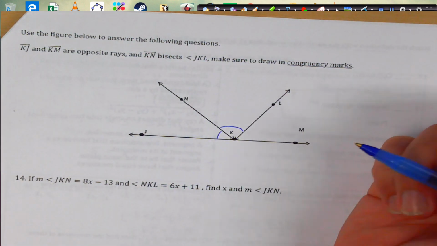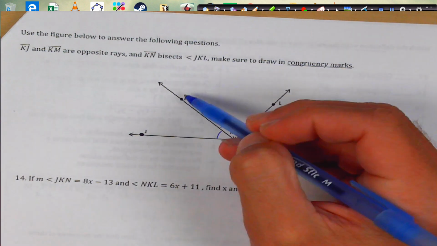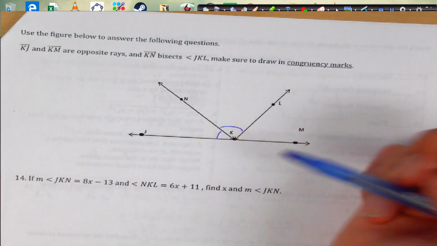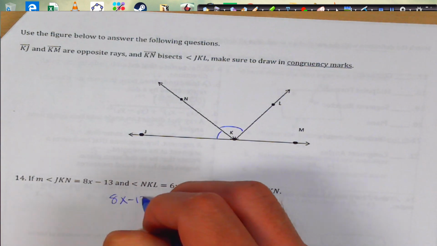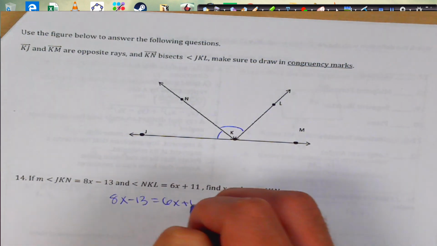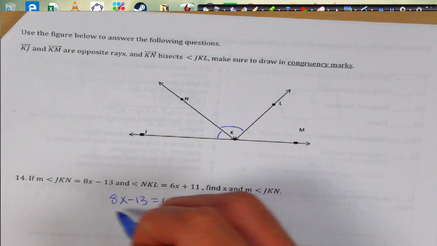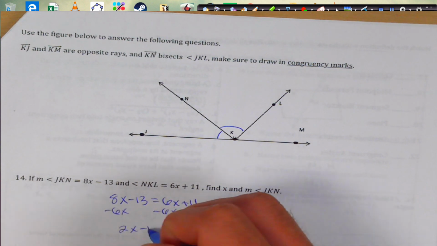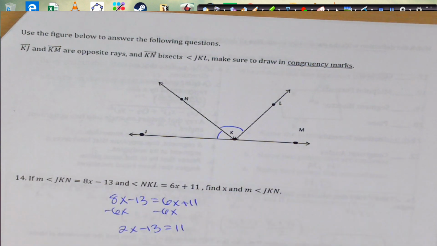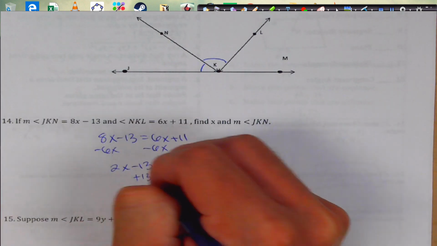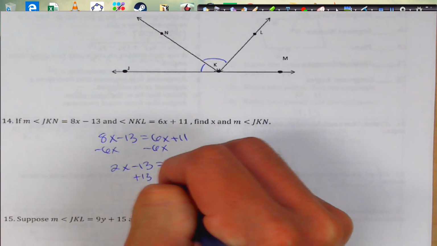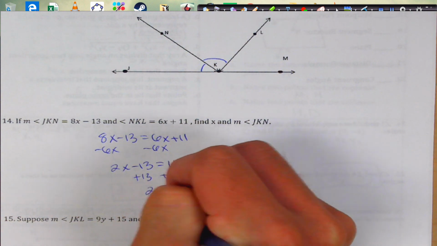So JKN and NKL, find X. Well, they're congruent, so we just set them equal to each other. And so we subtract the 6x. We get 2x minus 13 equals 11. And then add the 13. And we get 2x equals 24, x equals 12.